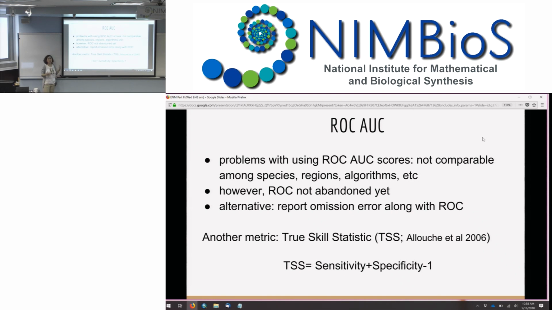So it has limitations just like omission error, which is why we cannot just report one metric. We should report multiple metrics. TSS is now becoming quite widely used, it pops up in the literature, and almost all papers that I've read recently have TSS in them. And I think that's all.